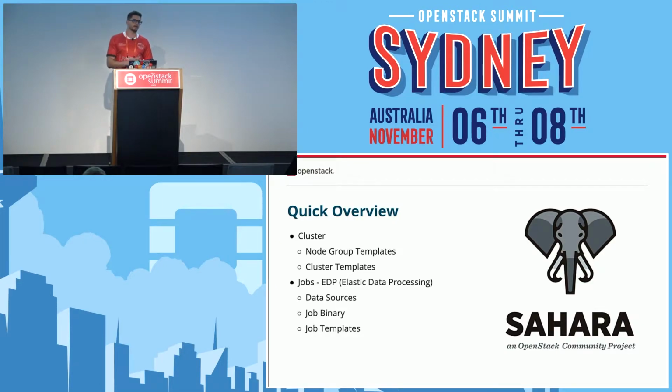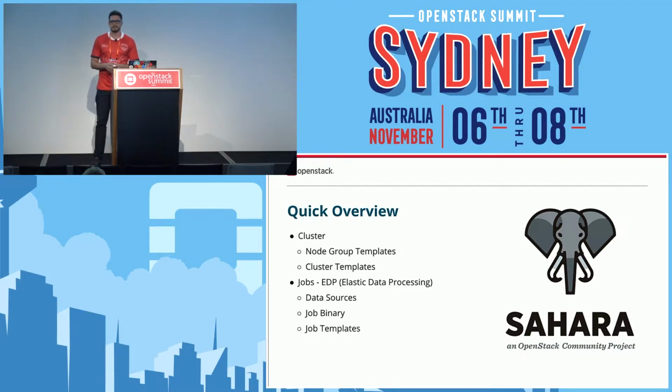Sahara has 2 main points, clusters and jobs. These jobs are called the EDP, that's Elastic Data Processing. The first one is clusters. We provide the users a way to create clusters, and we do that by providing them with 2 templates. One of them is a node group template, and the other one is the cluster template.